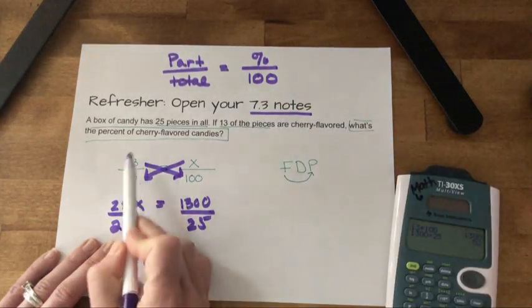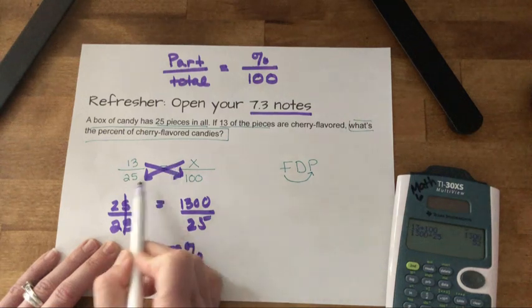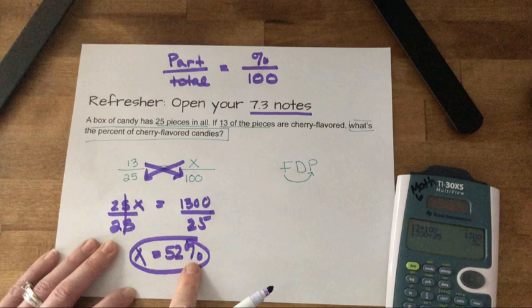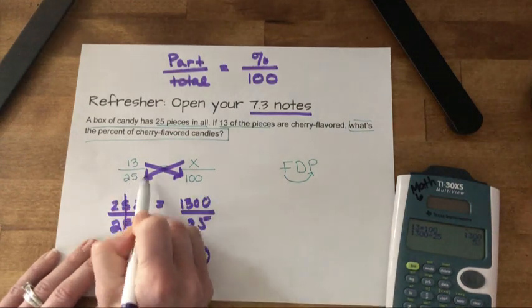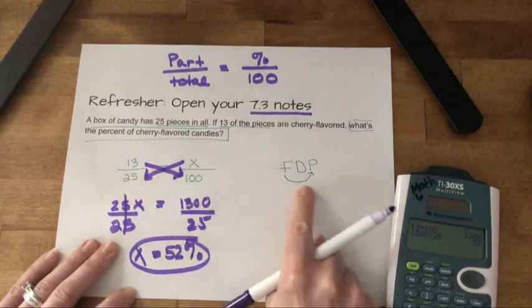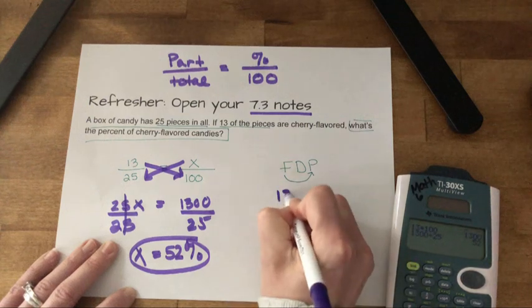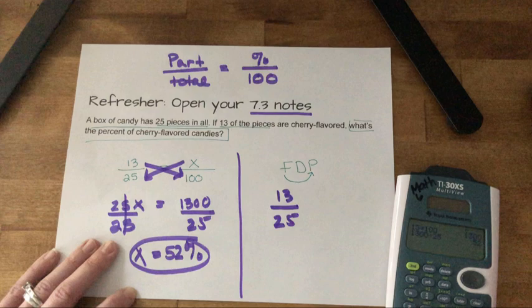So when we are using the proportion to solve for any of the missing pieces here in the proportion, we use our cross products. Now, since I did this back in 6th grade, I know that what I have right here is both parts of my fraction. I have the part and the total. So I can simply go from a fraction to a percent, where I'm going to go 13 and I'm going to divide it by 25.